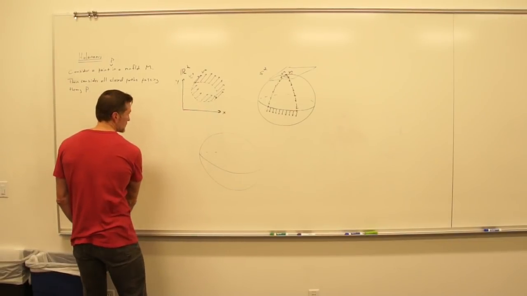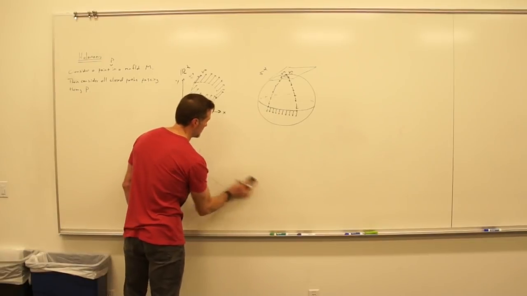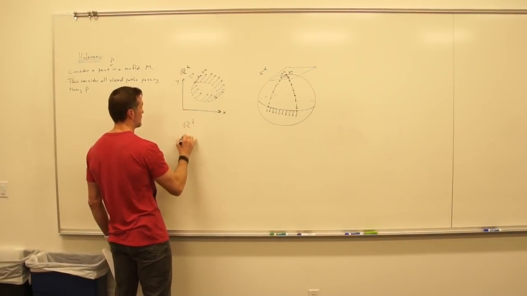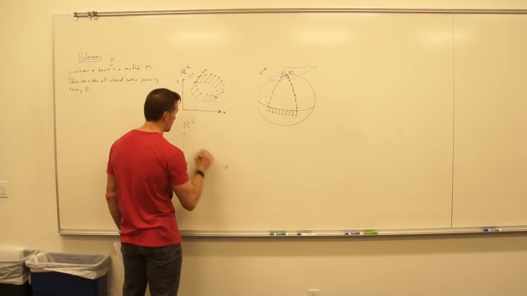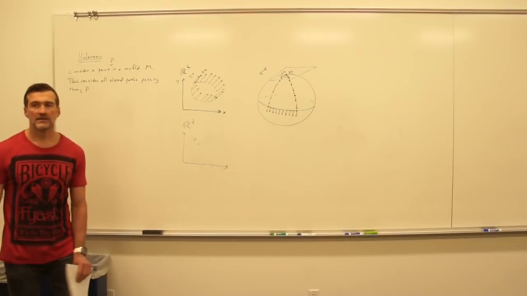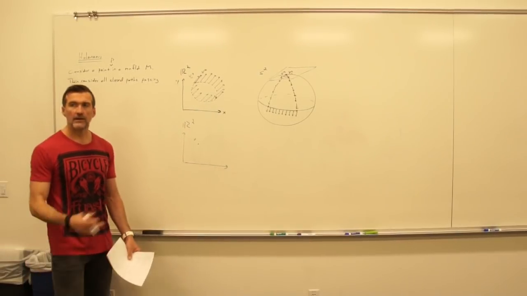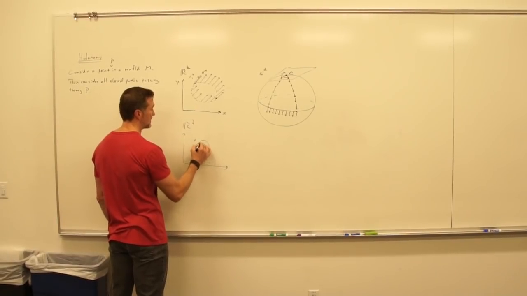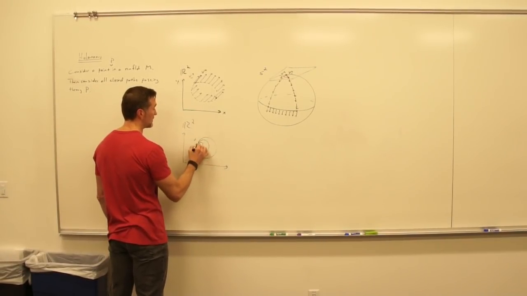Actually, we'll do it in both. So we'll start in R2. So in R2, if I pick any point in the space, P, I can now consider all possible closed paths that include that point. So, I mean, obviously, this is an infinite set.